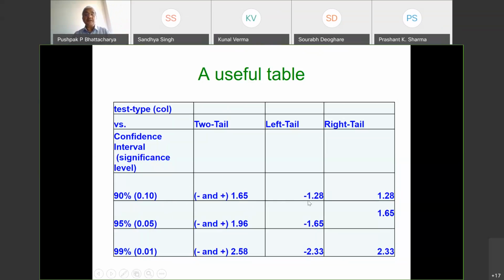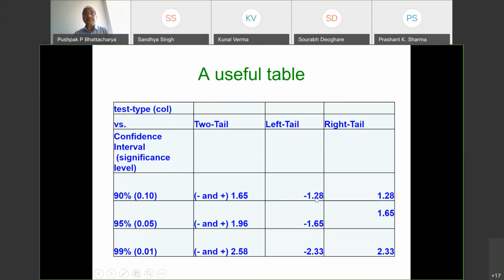If I have to do a left tail test, less than some quantity, then naturally the critical region has to absorb the area on one side of the zero mean axis. So naturally the critical point has to move towards zero, covering more area, covering the 0.10 area.